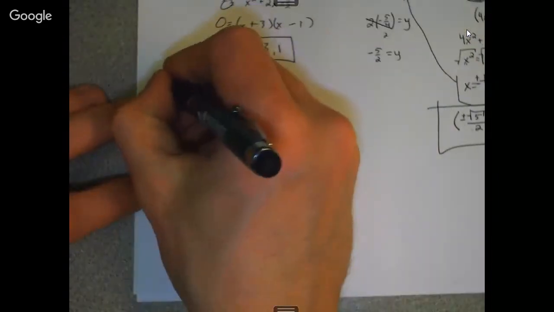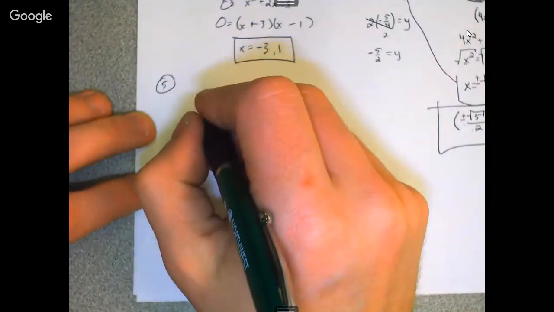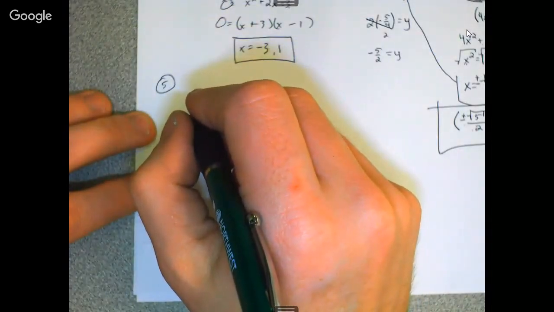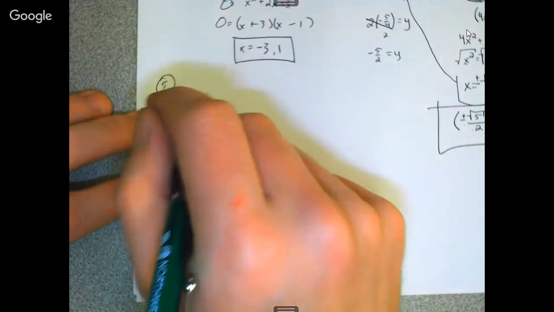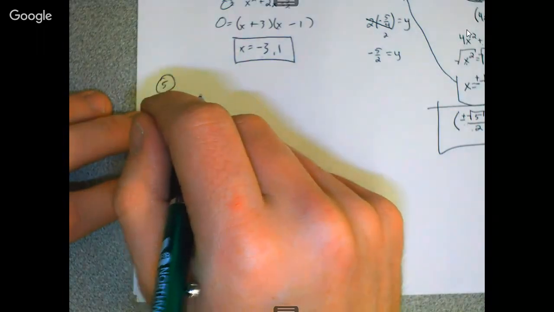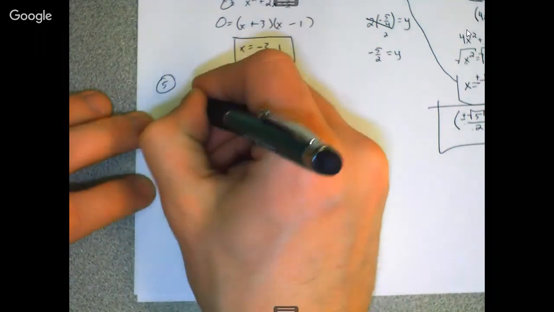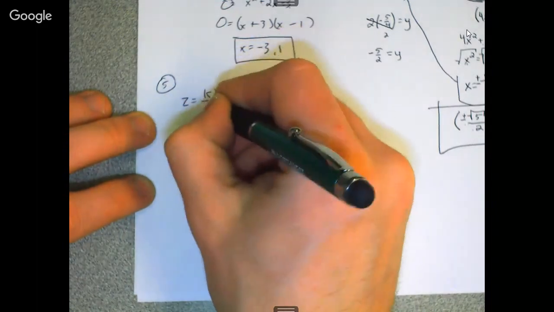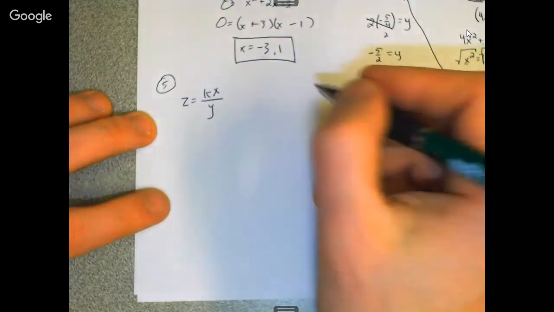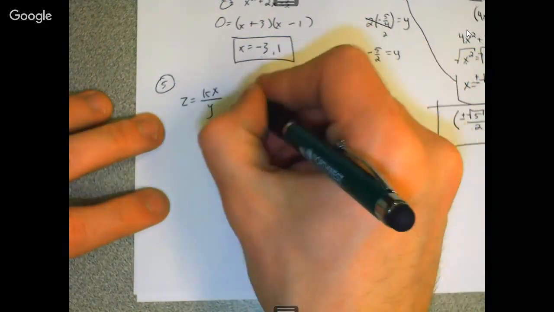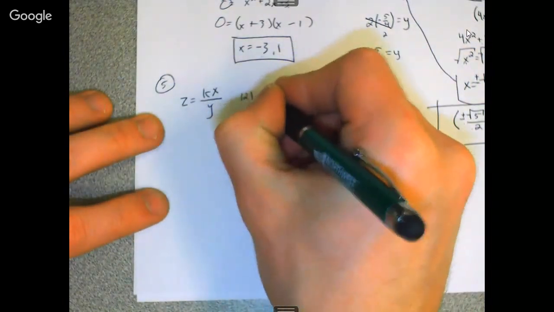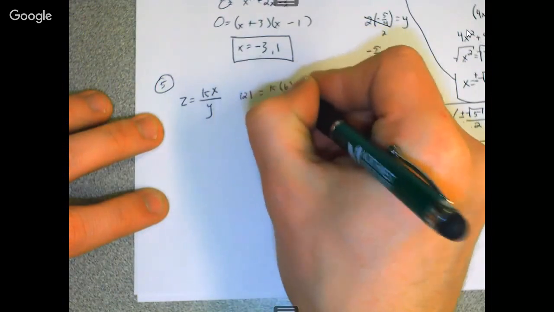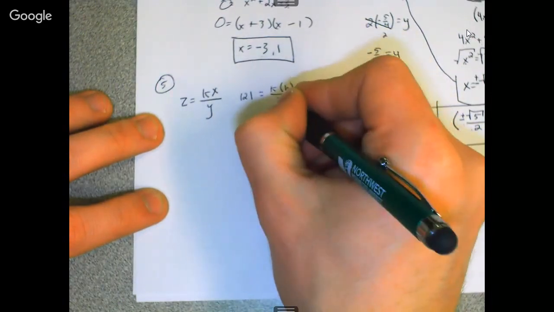Number 5, z varies directly with x and inversely with y. So z equals k, directly means multiply, inversely means divide, okay? And it says z is 121 when x is 6 and y is 5.